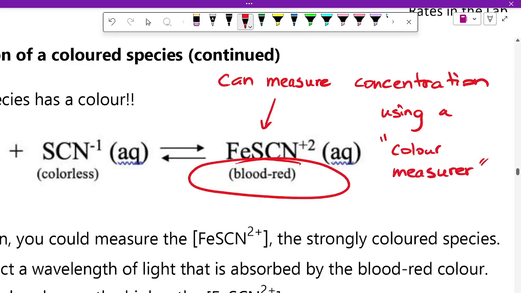Because you're not responsible for knowing the name, you can just think of it as a color measurer. If you are interested, it's either called a colorimeter or a spectrophotometer.